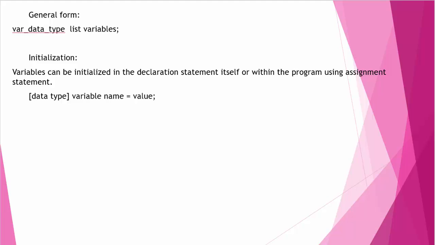We can initialize it at creation time, so it is now a variable, and we can give it the value there. Like here, the data type, variable name is equal to value. Now the variable will contain the value, suppose 10, 12, anything, or a, b. It can be a character, it can be a digit.